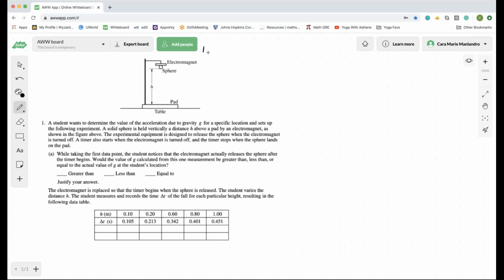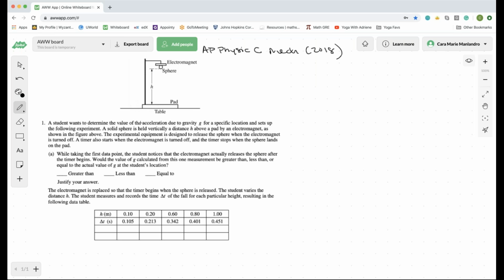All right, so this is AP Physics C Mechanics, and these are the 2018, I think, questions. A student wants to determine the value of the acceleration due to gravity for a specific location and sets up the experiment.